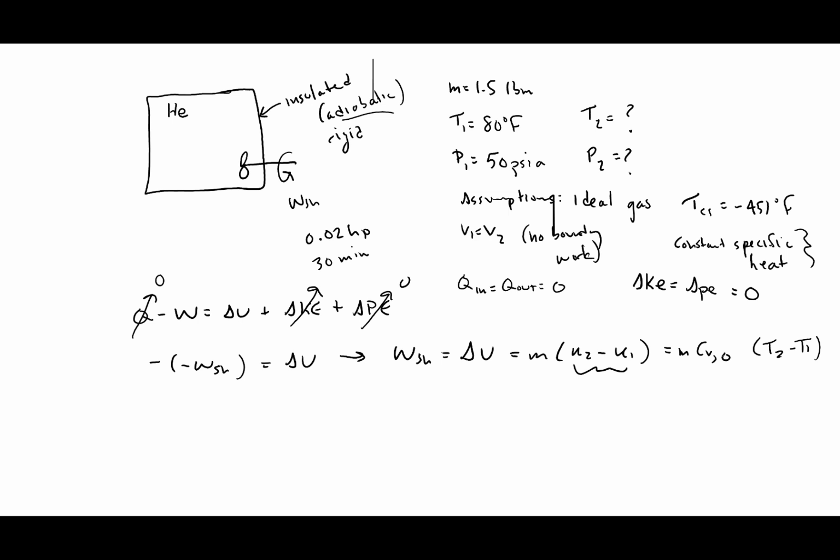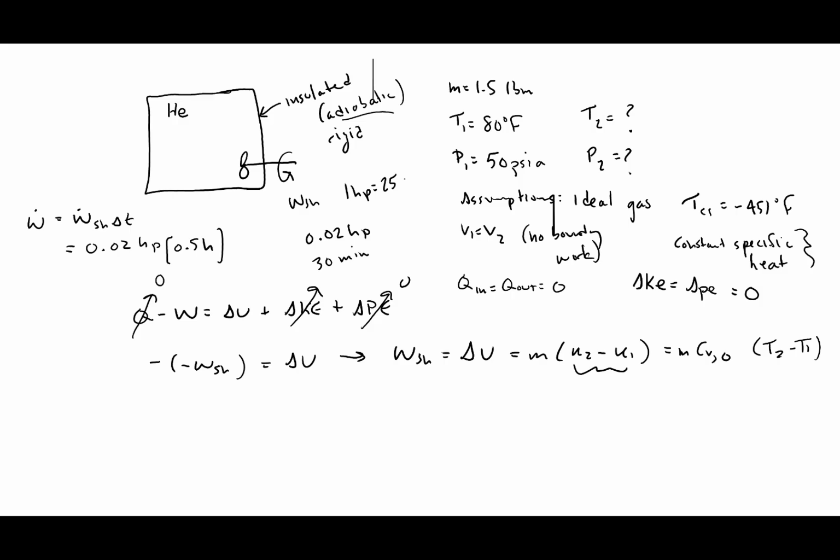So we want to use Cv naught. And I'm just going to do a quick calculation. We can calculate the shaft work multiplied by delta t. So this is going to be equal to 0.02 horsepower multiplied by 0.5 hour, so 30 minutes is 0.5 hour. And then we need, so 1 horsepower is equal to 2545 BTU per hour.